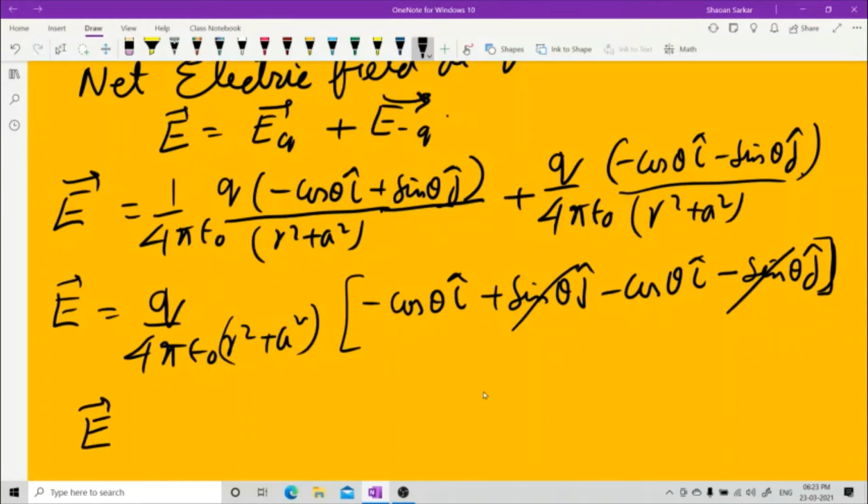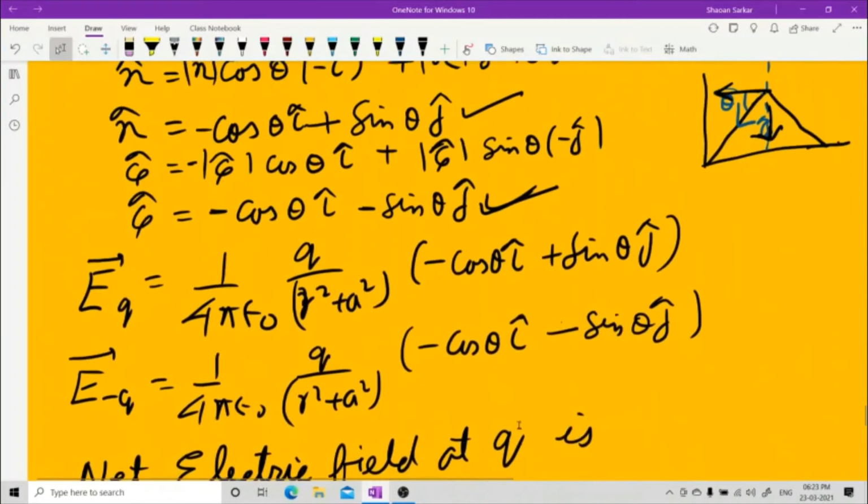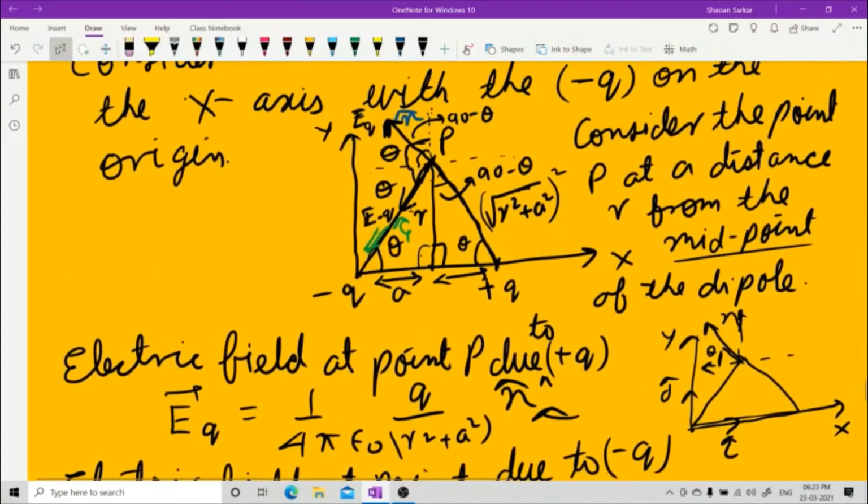What you are left with is E equal to 2Q minus cos theta i upon 4 pi epsilon naught R square plus A square. Now let us see what cos theta is from this figure. This much is our cos theta. Cos theta is base upon hypotenuse.